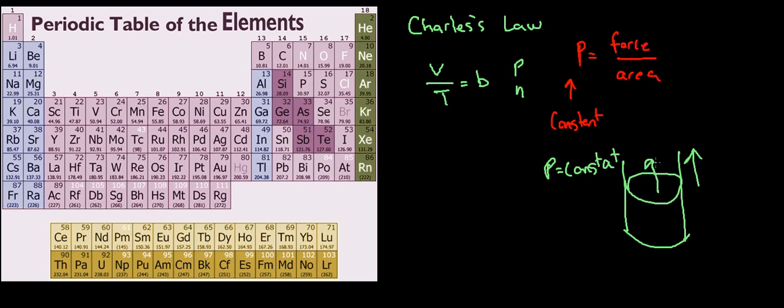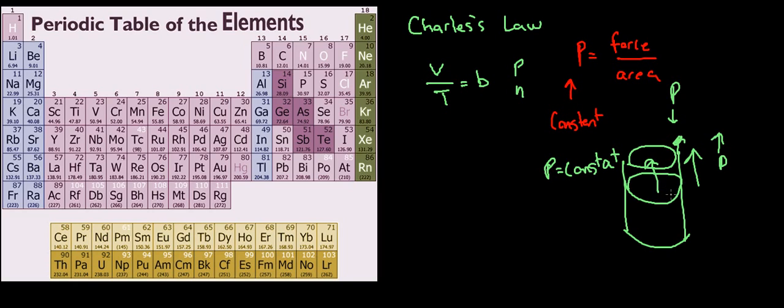If I move this up, in order for this to maintain its position here, the pressure from the outside needs to still be equal to the pressure from the inside. And since I've increased the area, the pressure is going to be held constant.